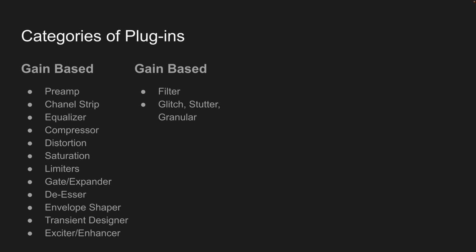A granular effect may make an audio signal sound like it's played from an old beat-up vinyl or something like that, and that could be a cool sound in context. And then spectral analysis, which is real-time spectral analysis.